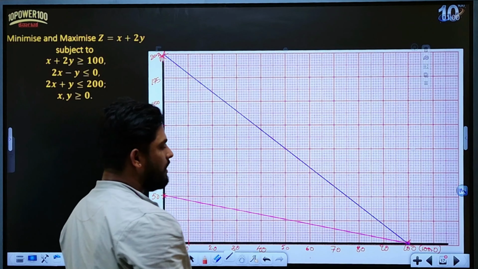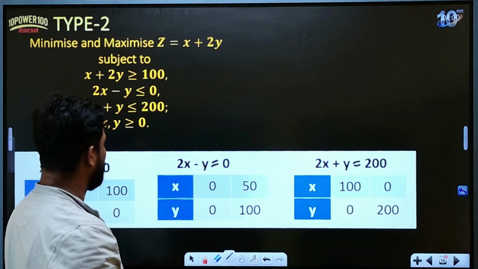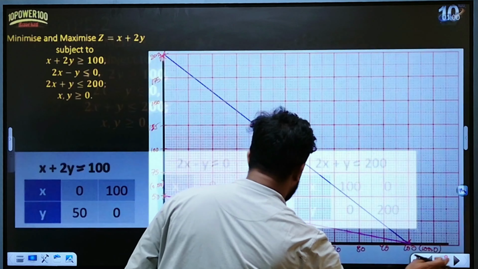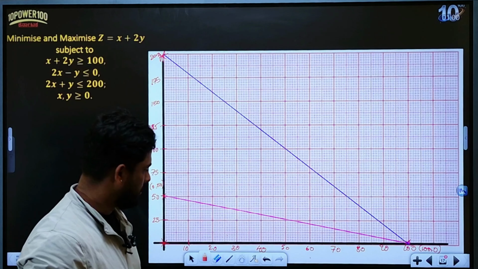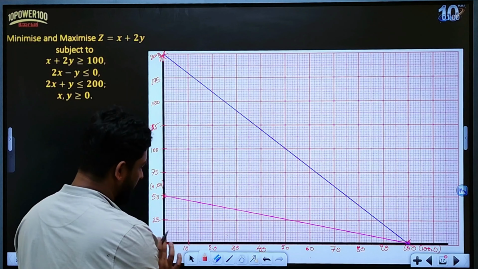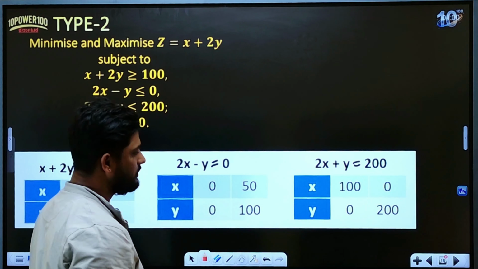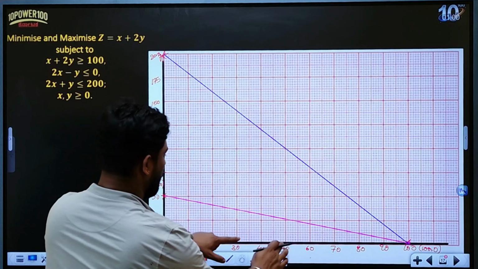Now observe carefully. Now this is the point we are going to mark. When x is equal to 0, always you get 0 comma 0, as I told you earlier. When x is equal to 0, y value is also 0, and when x is 50, y value is 100, right?